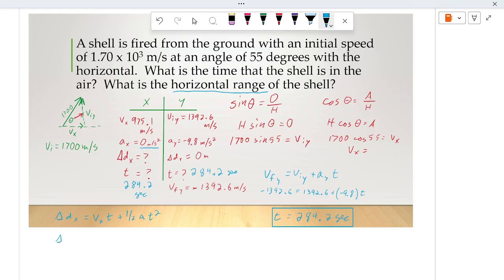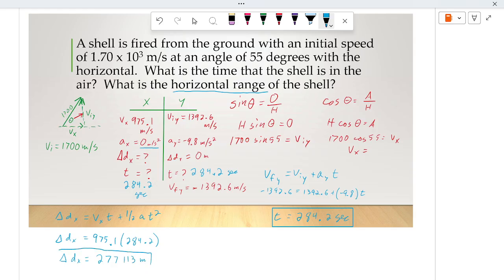And so the acceleration will zero out that entire term. So I'm really just going to be left with delta D in the x dimension is equal to the velocity in the x dimension times the time in the x dimension. And of course the time is the same in both dimensions. It's 284.2. When I multiply those, I'm going to get that delta x is 277,113 meters.